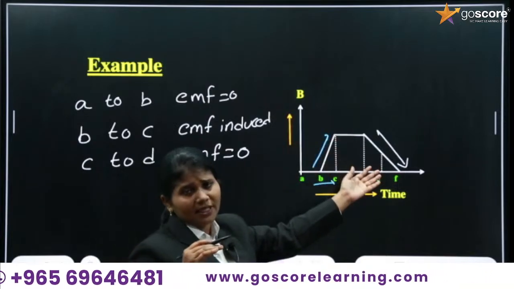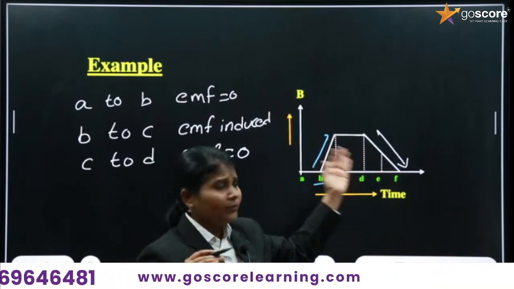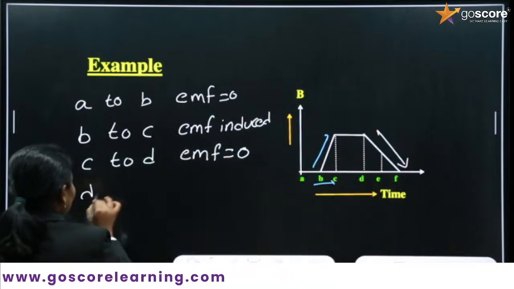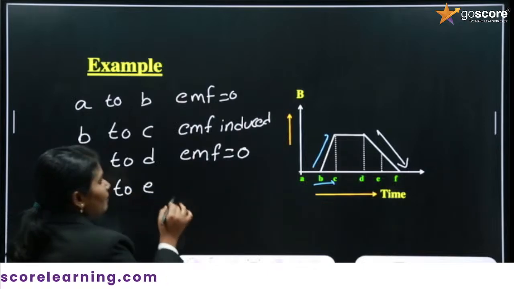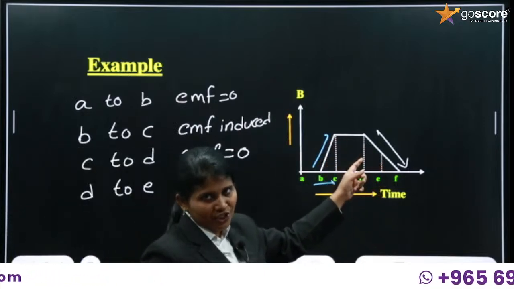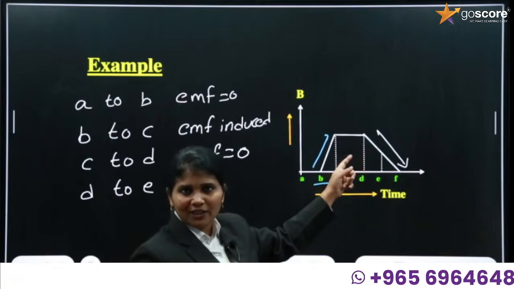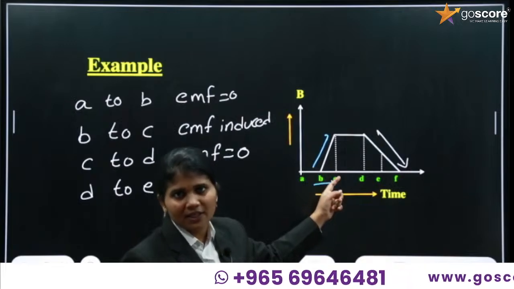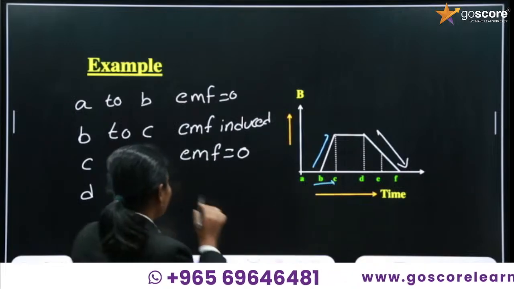But here it is in decreasing order. So I am taking D to E. From D to E, the magnetic field is changing. There is a change in flux. When the change in flux occurs, EMF will be induced.